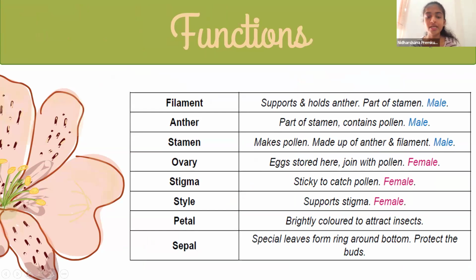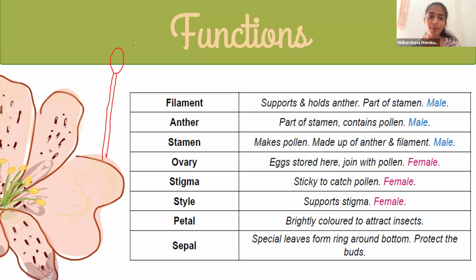The filament, the long structure that we saw in the stamen. So this was our stamen. Attached to it was the anther. Now the filament. The function of the filament is that it supports and holds the anther, and it is part of the stamen.